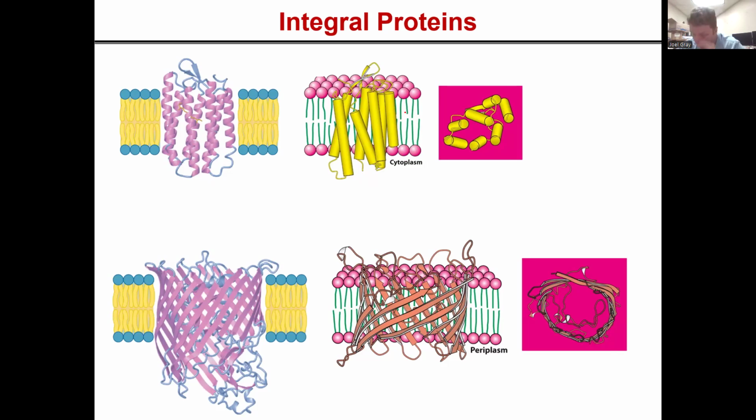It's a beta sheet that has been contorted and twisted to make a structure that spans a membrane. So whenever it comes to integral proteins, they're typically alpha helices or beta sheets. Those beta sheets wrap up to form a beta barrel, a cylindrical shape.